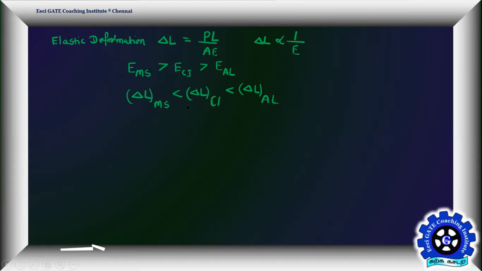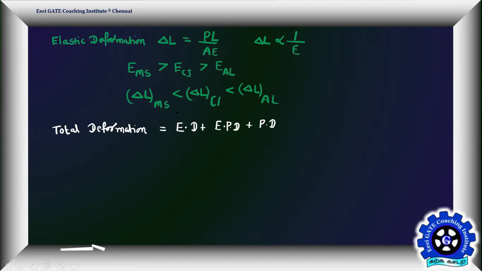Now from this, we can write total deformation. Total deformation equal to elastic deformation plus elastoplastic deformation plus plastic deformation. Okay?